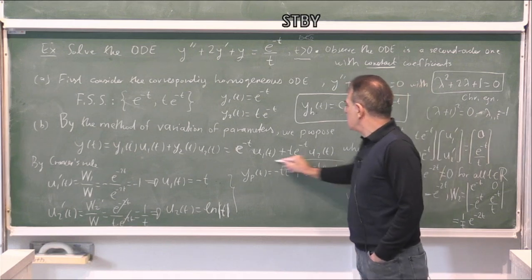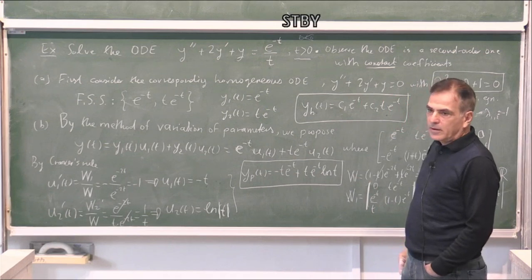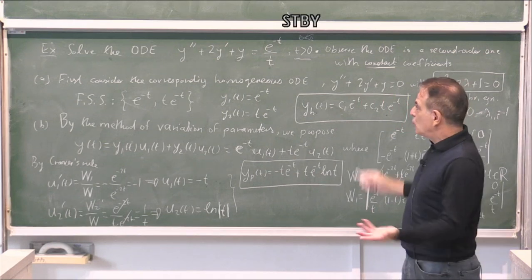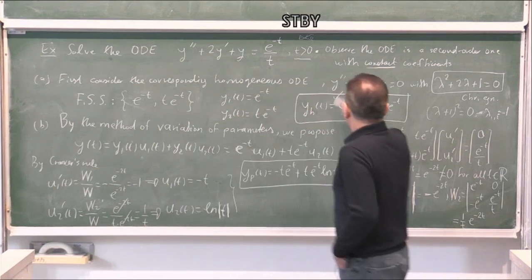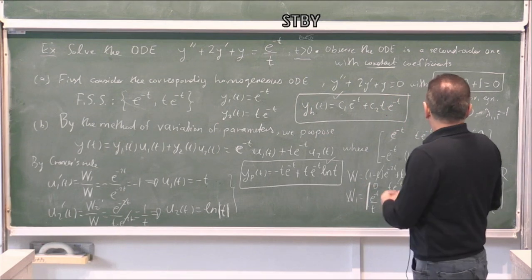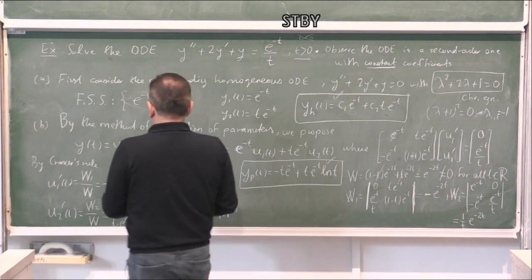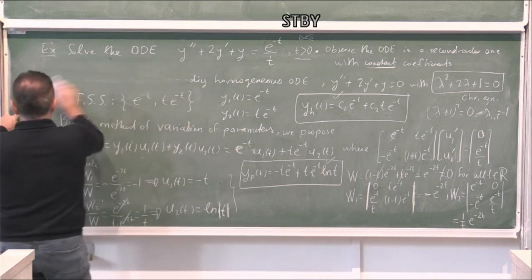So yp is of this form. Okay? So what is the general solution now? I get the homogeneous solution. I get a particular solution. So the general solution is, so let's write the general solution here.